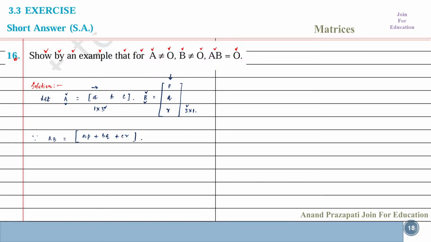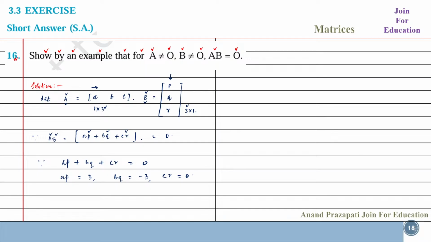So the element of matrix A times matrix B is AP plus BQ plus CR, and according to the question the value of this will be 0. So AP plus BQ plus CR will be 0. If we take AP equal to 3 and BQ equal to minus 3, then CR will be 0.